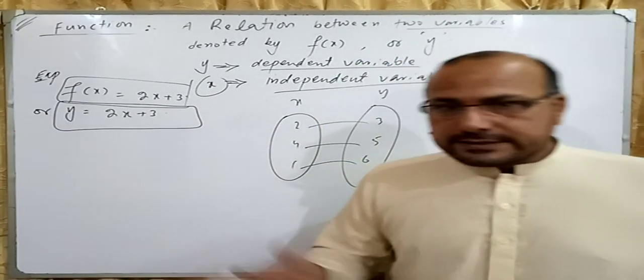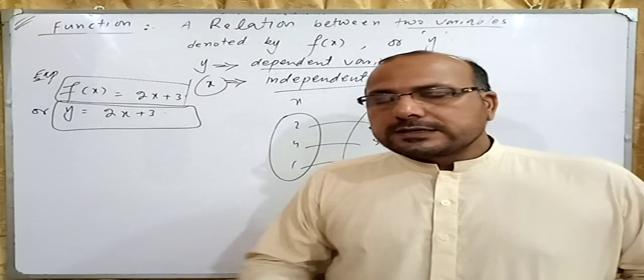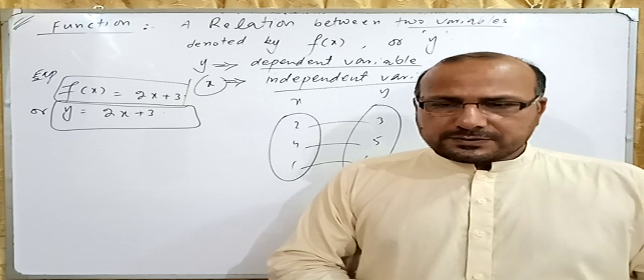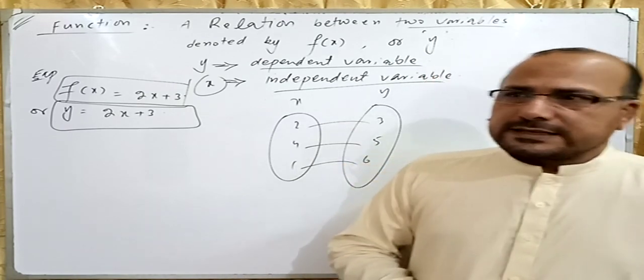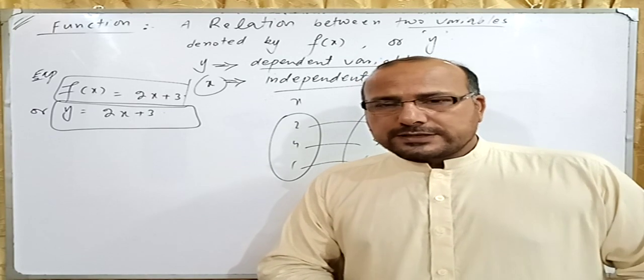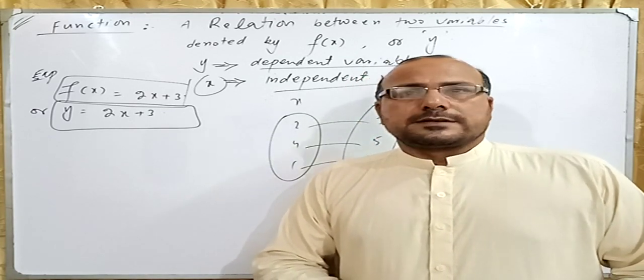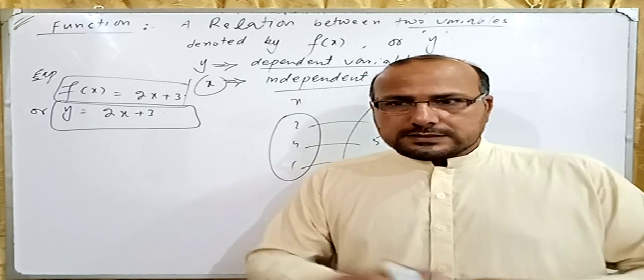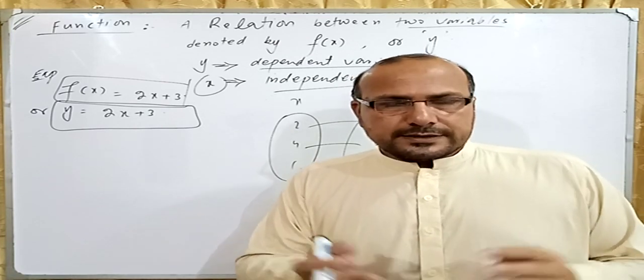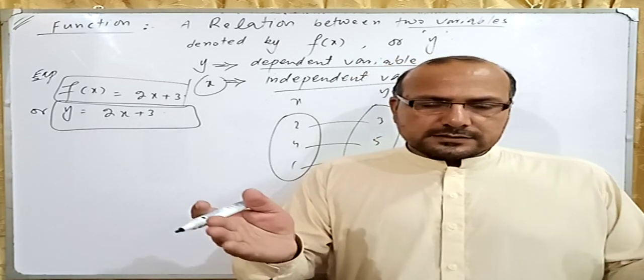First, you need to understand that function basically is a kind of equation also, because when we were studying equations, I already mentioned that an equation basically represents the relation of any two or three variables.